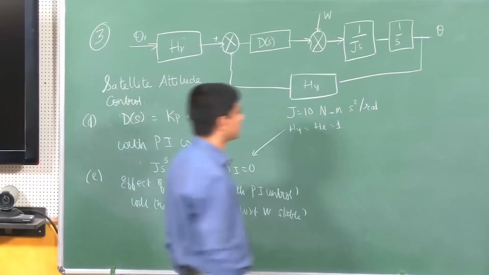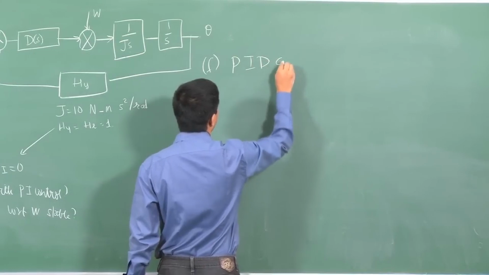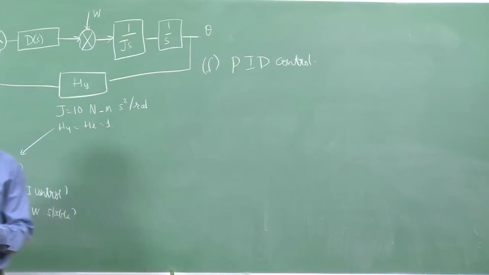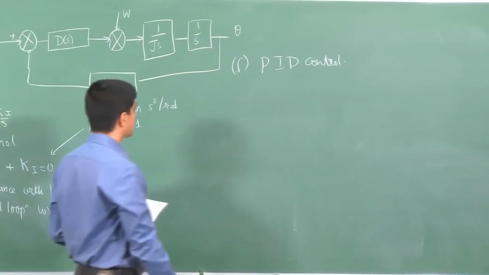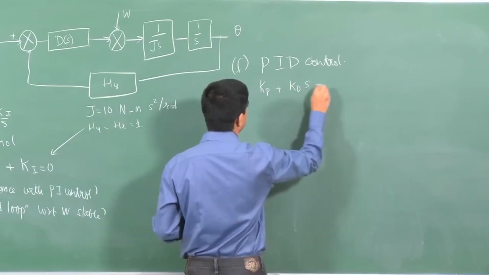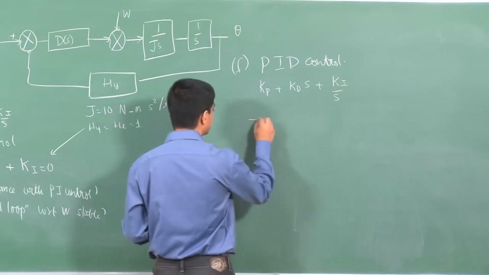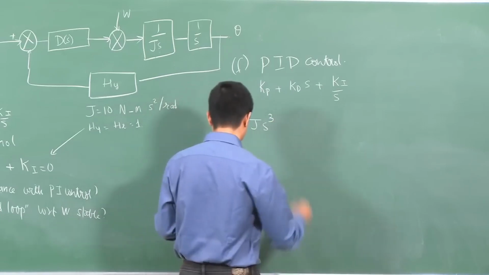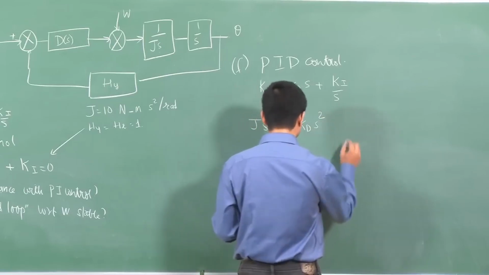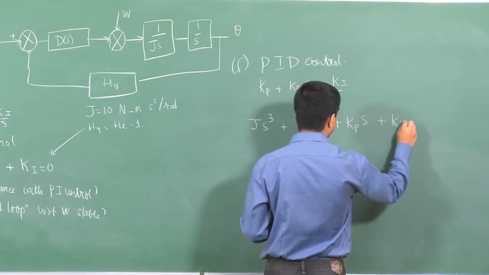Okay, so the last part now is to check again what happens with a PID control. So PID control, again I will have Kp plus Kd s plus Ki over s. I'll skip all the steps, and you just have the characteristic equation of the form Js cube plus Kd s square plus Kp s plus Ki equal to 0.